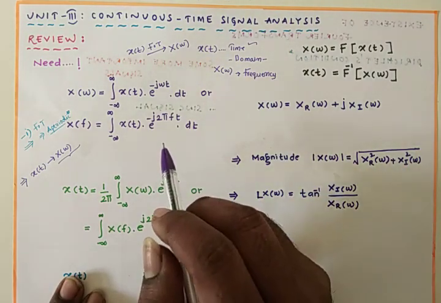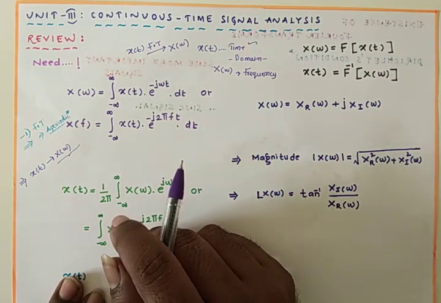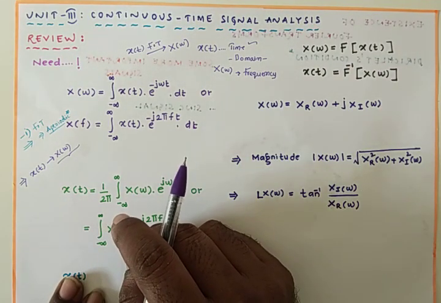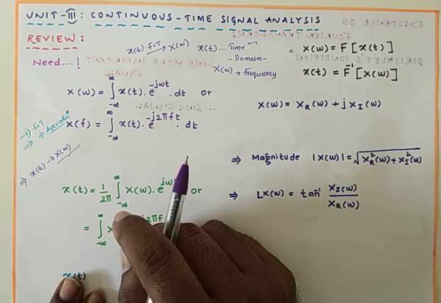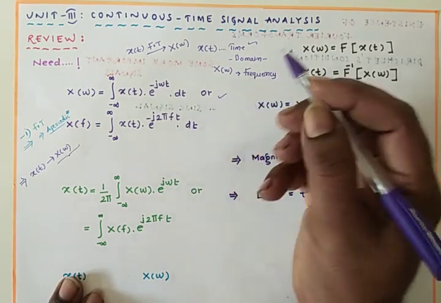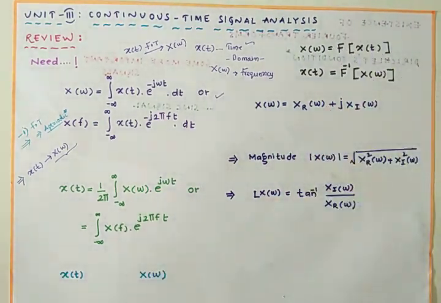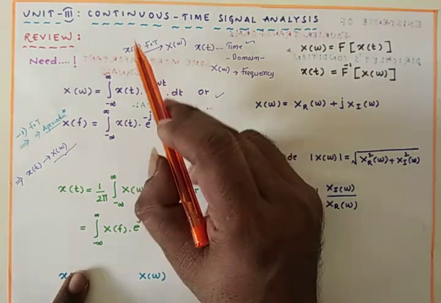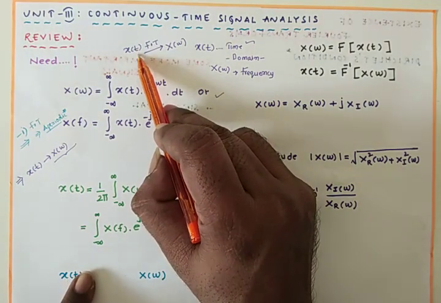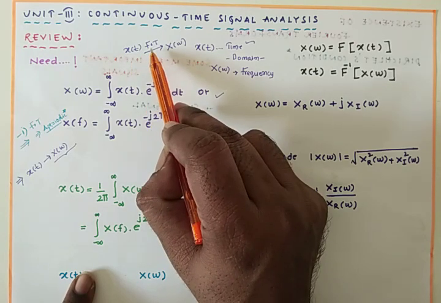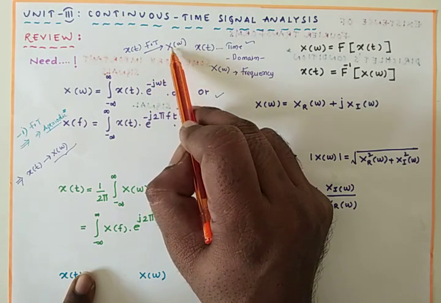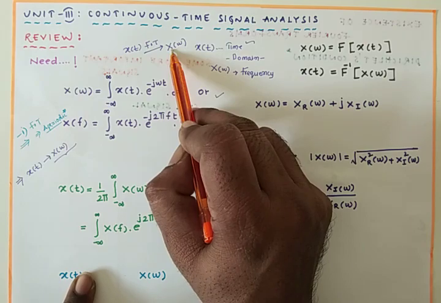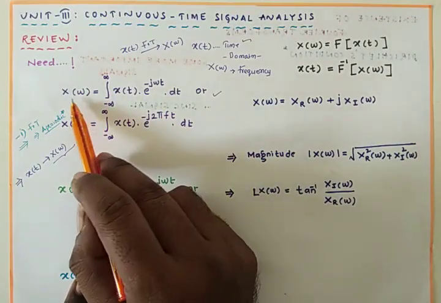To achieve the Fourier transform of any time domain signal, this is the standard formula. Anyway, the derivation of this particular equation we have discussed in the previous classes. Now x of t is a time domain signal on which we applied the Fourier transform, so that we got the frequency domain signal, x of omega.